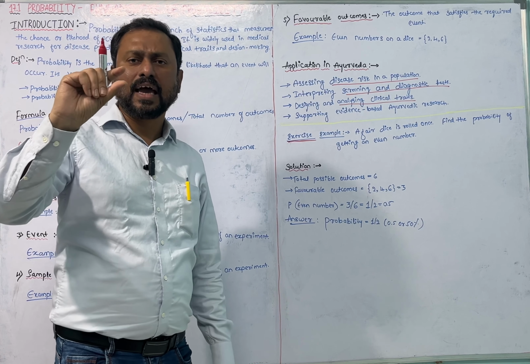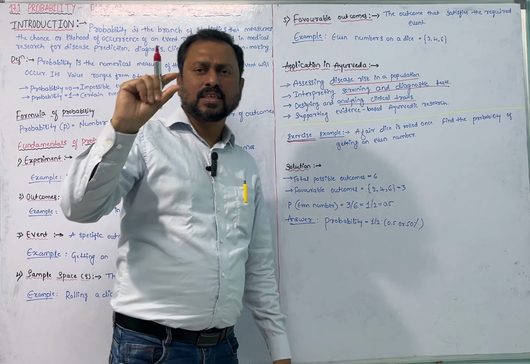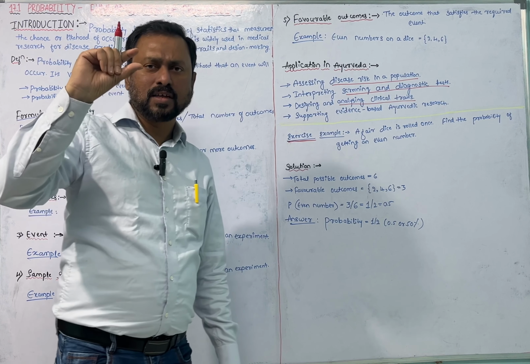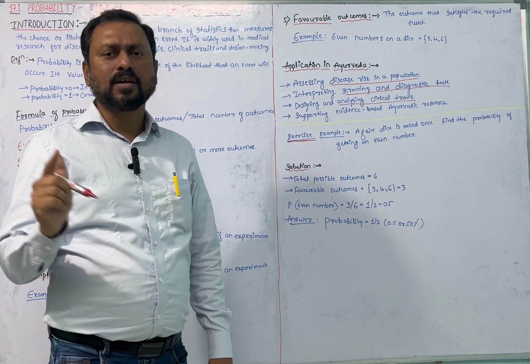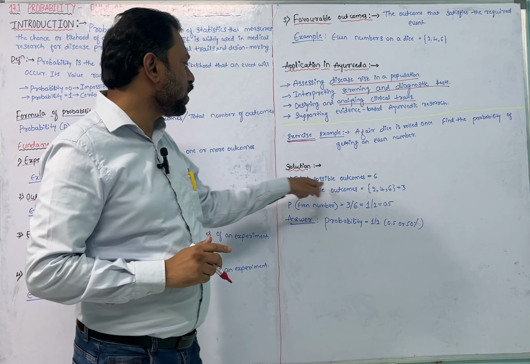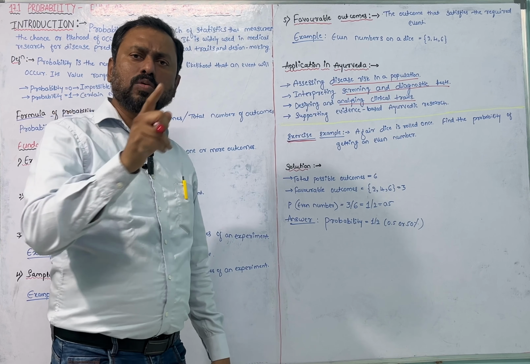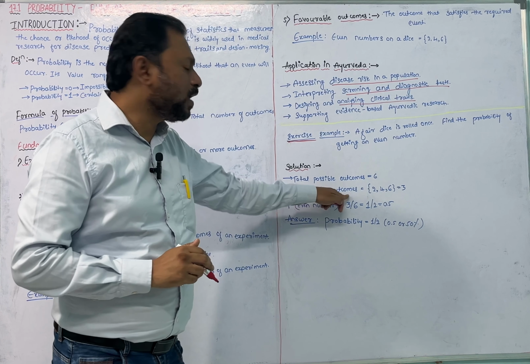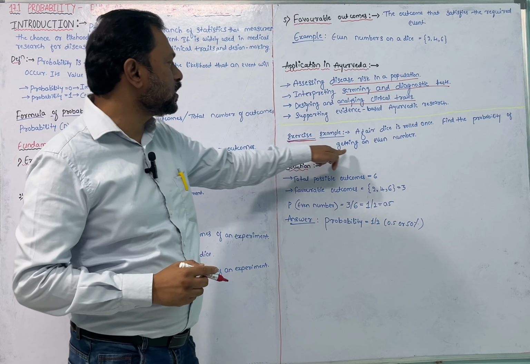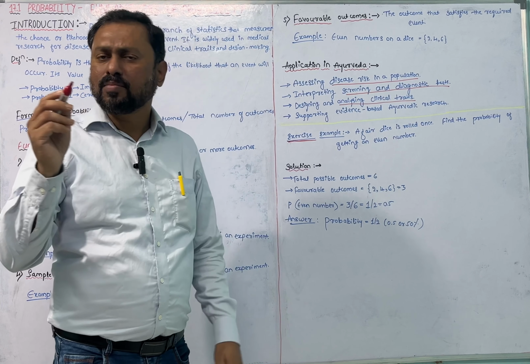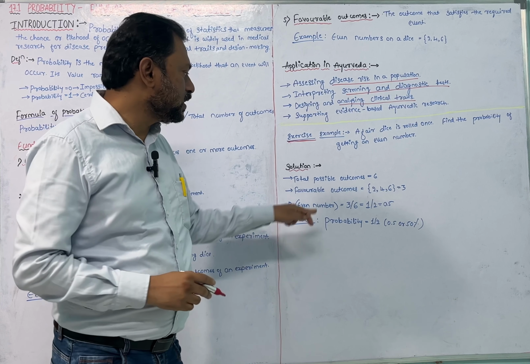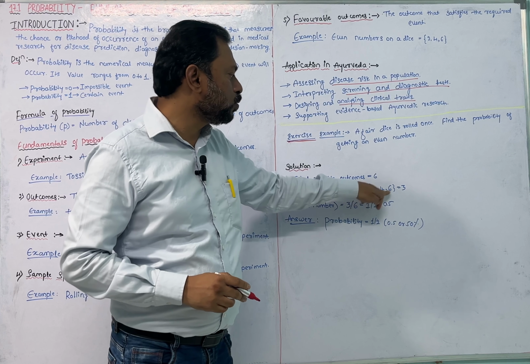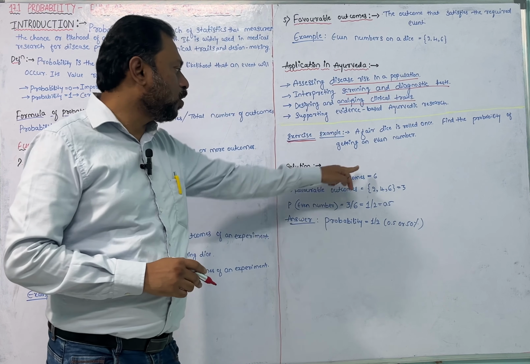You know the dice, in Hindi called pasa phekna, has 6 numbers on it. The total possible outcomes are 1, 2, 3, 4, 5, 6. And the favorable outcome, what is the question here? Getting an even number. Even numbers you know: 2, 4, 6. These are 3 numbers out of 6.